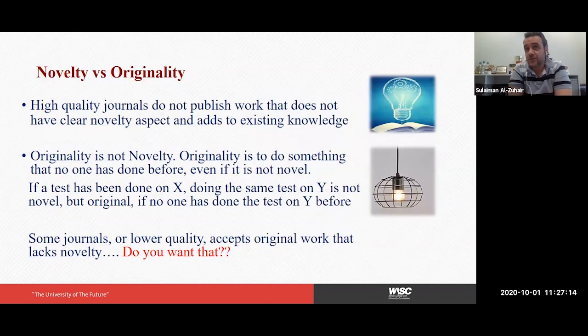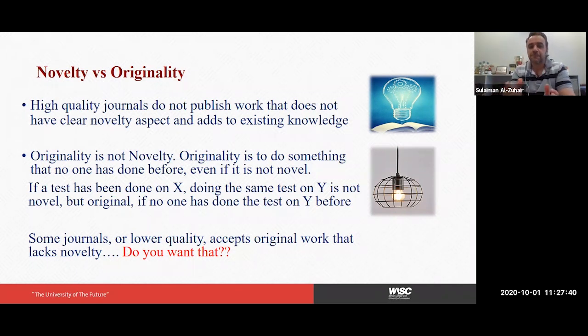Novelty versus originality. Now, this is something that needs to be clear for everyone. High quality journals do not publish work that does not have clear novelty aspects and add to the existing knowledge. There is a difference between originality and novelty. Originality is that you are doing a work which has already been done, but you are doing it on something that has never been done before.